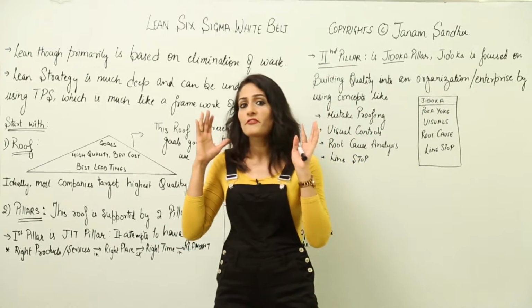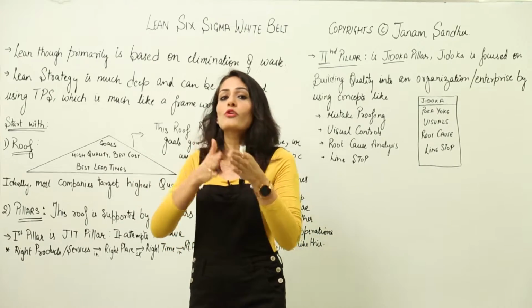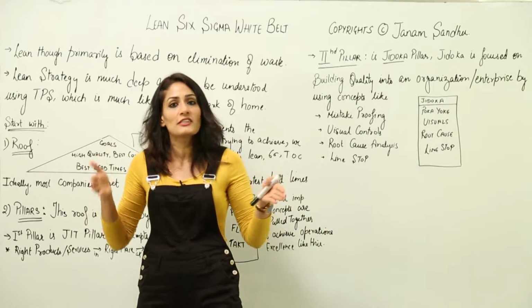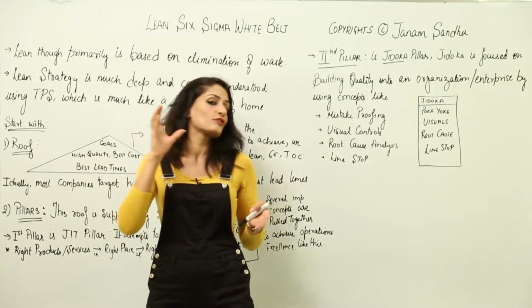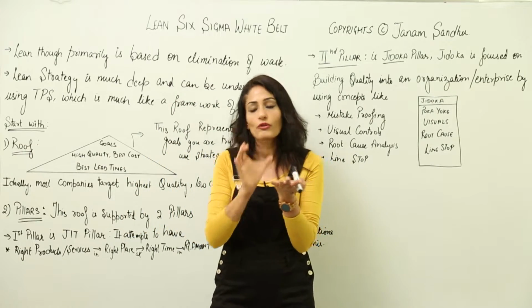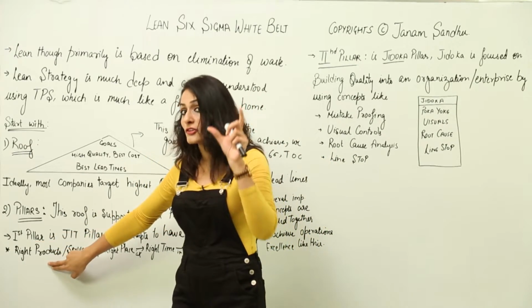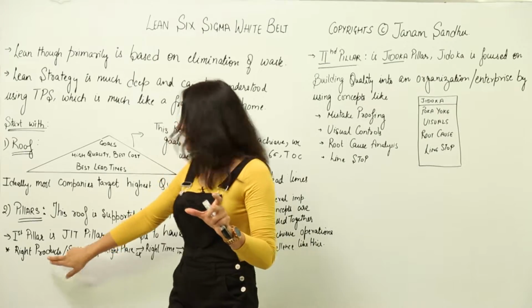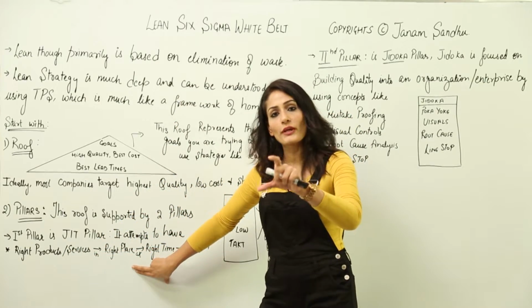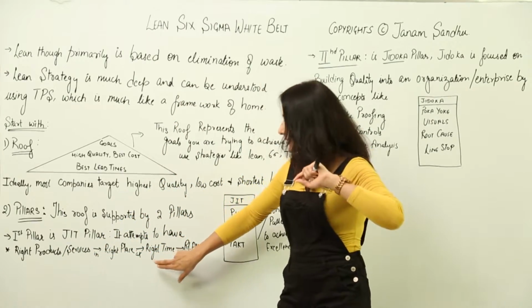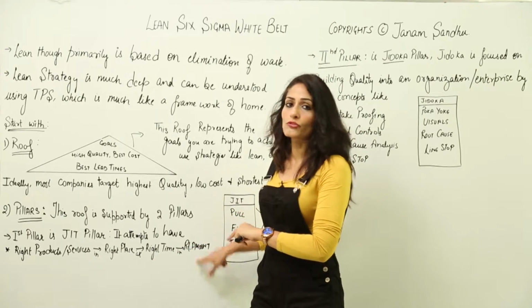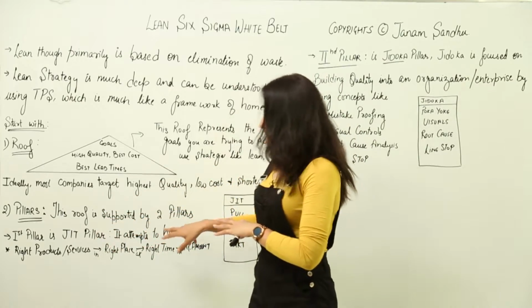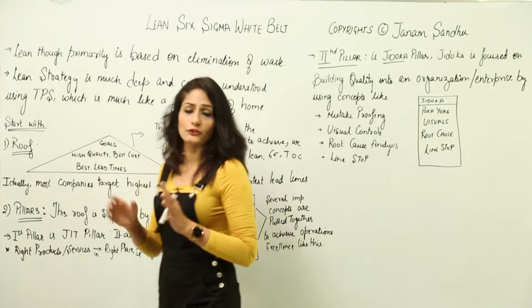This is something very basic, but most organizations don't have these kinds of practices. First of all, they don't know what the right products and services they require are, and then what is the right place where they should be, at the right time and in the right amount. This is what the just in time concept is actually about.